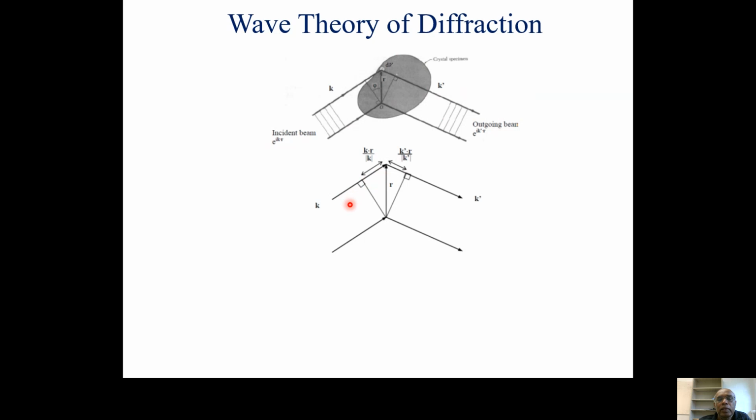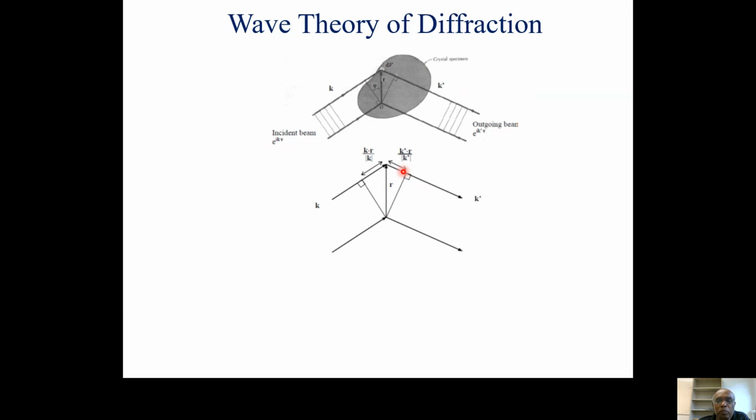We know the unit vector in this direction is k over the magnitude of k. Multiply by the dot product with r, and that gives you this distance. The unit vector in the other direction is k prime over the magnitude of k. Multiply by the dot product with r, and you get this distance. Then your path difference is this one plus this one.